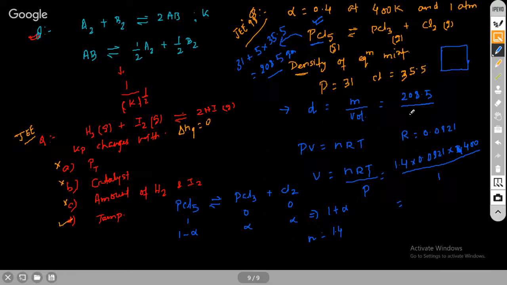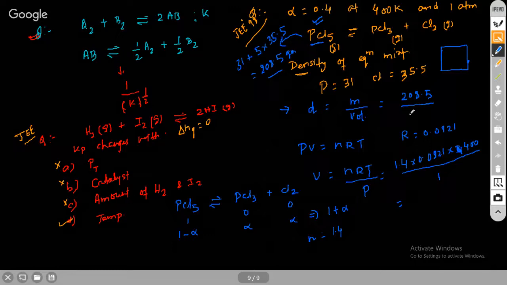One thing, Shweta, you cannot use this formula here, because it is applicable only when we have one gas present. Understood? PM equals dRT is applicable only when we have one gas. For a mixture of gases, we cannot use that; you have to calculate the number of moles.